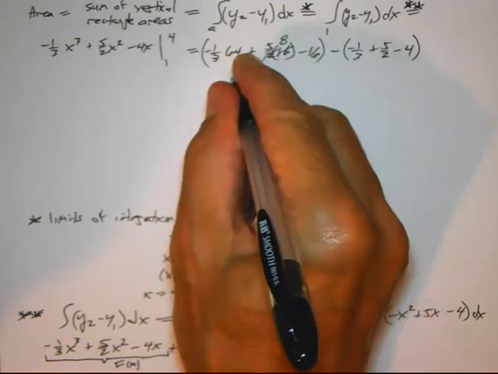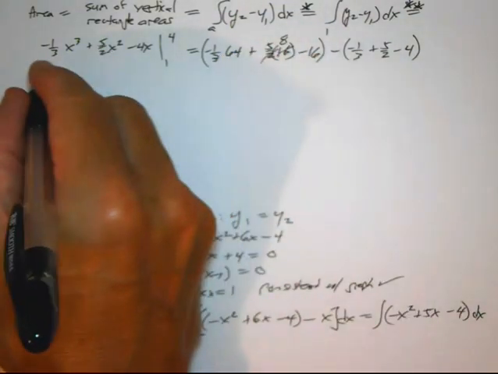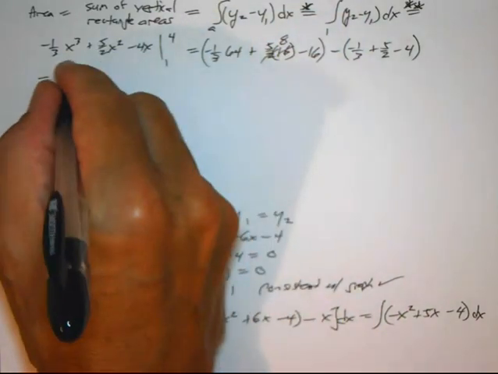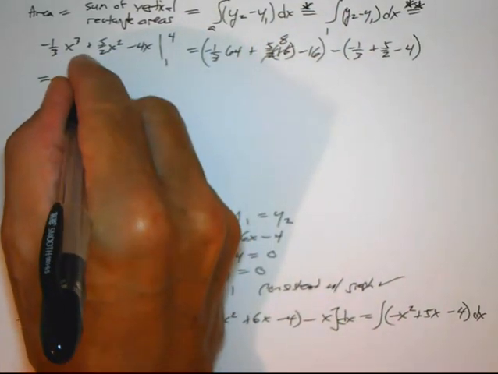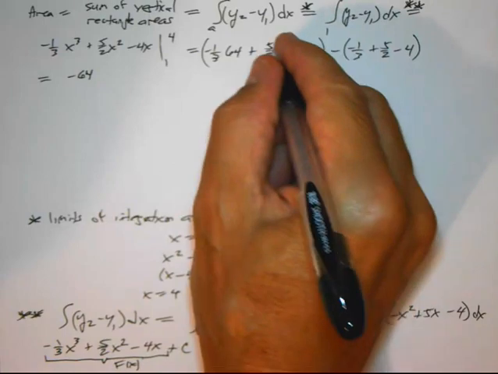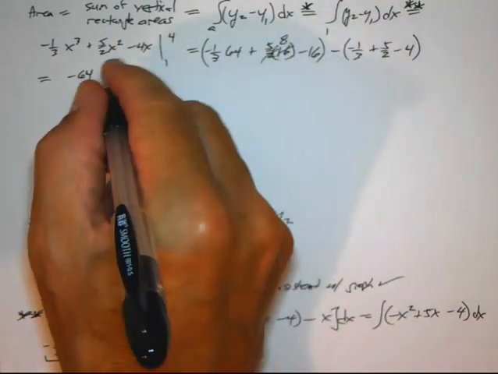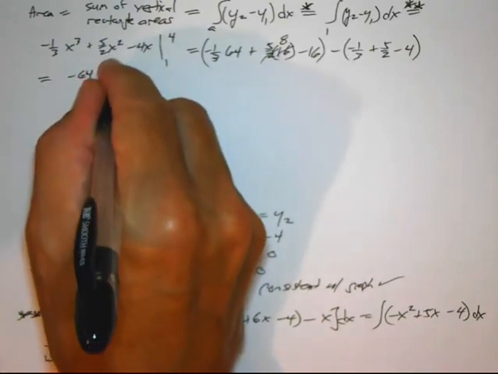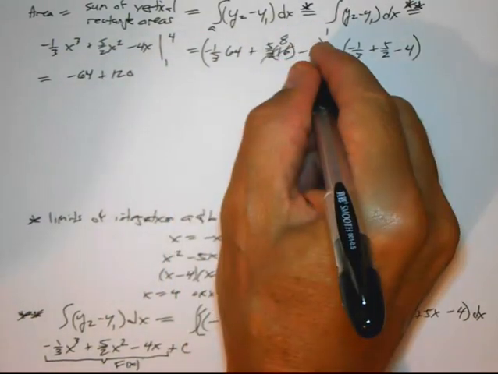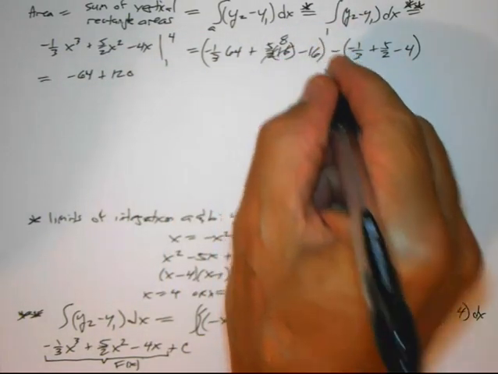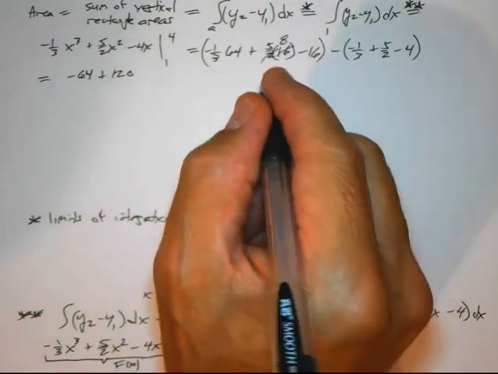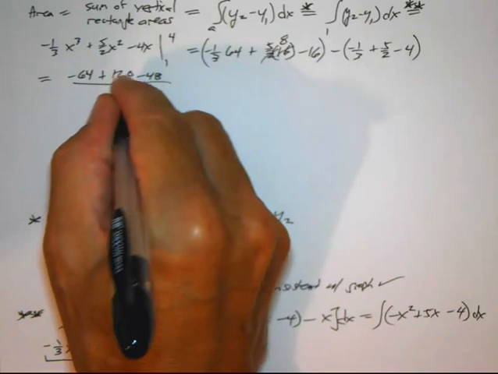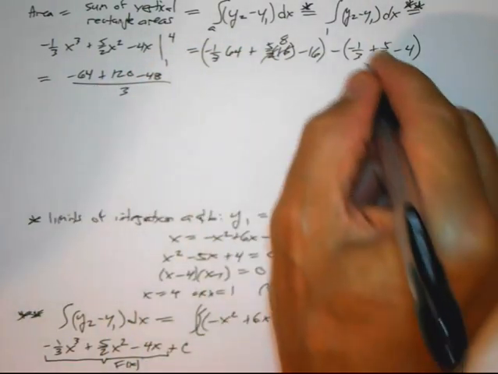Looks like we're going to need to go to thirds to get this first number consolidated. So we have negative 64 thirds. And then here's 40, so give it a 3 over 3 multiplier, that's plus 120, and then 16 is going to need a 3 over 3 multiplication buildup. That makes minus 48. That's over 3.